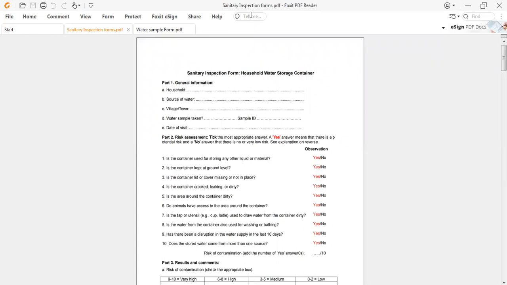So let me just give a roll up of what we are going to do. These forms, we are going to use them to work in our various communities, in your locality after this practice session. So you're going to go to your different communities and do some inspections and fill out these forms.